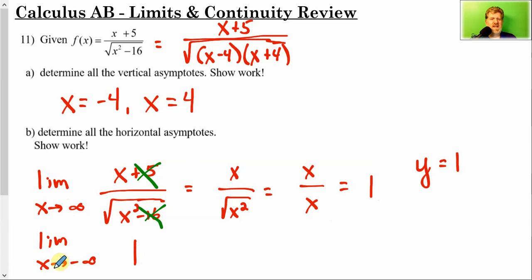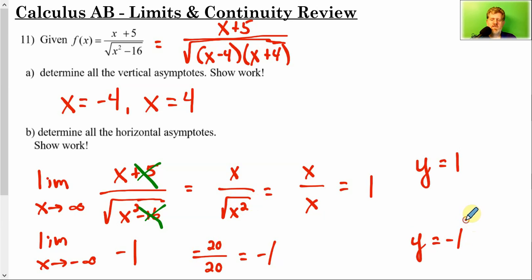So pick a negative number, any negative number you want. Negative 20. If I plug in negative 20, this top becomes negative 20. But if I plug in negative 20 here, negative 20 squared is going to be 400. And the square root of 400 is 20. So just be careful.